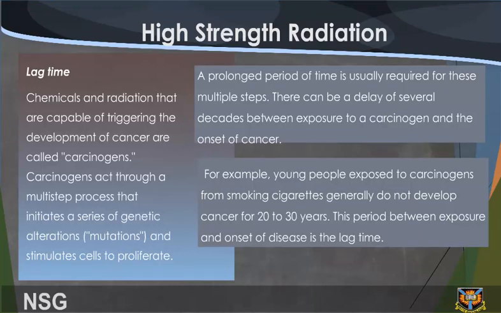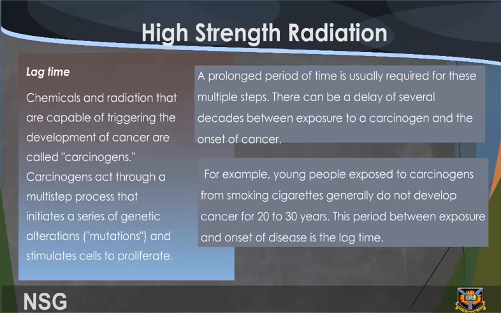Lag time. Chemicals and radiation that are capable of triggering the development of cancer are called carcinogens. Carcinogens act through a multi-step process that initiates a series of genetic alterations, mutations, and stimulates cells to proliferate. A prolonged period of time is usually required for these multiple steps.